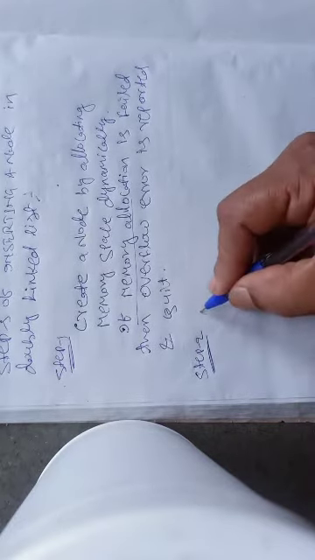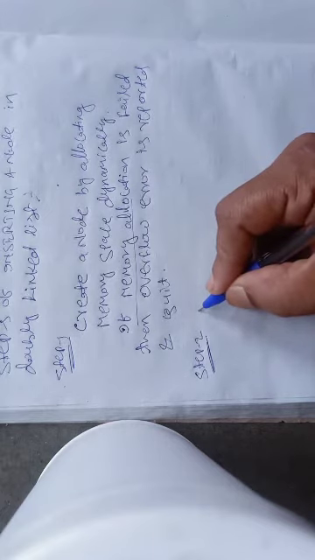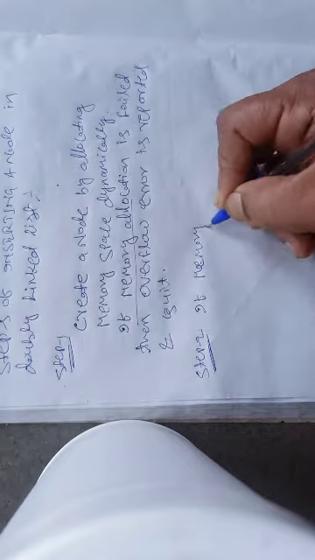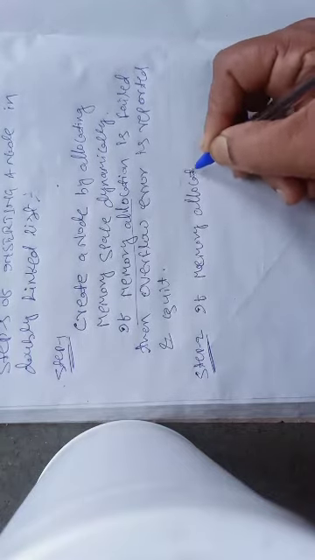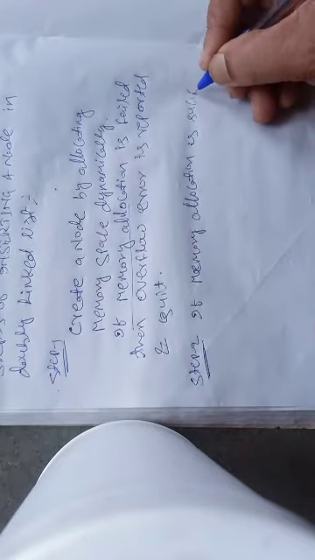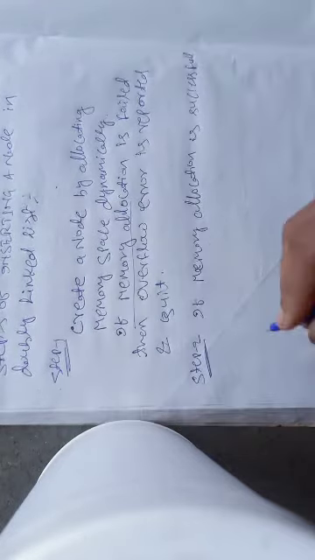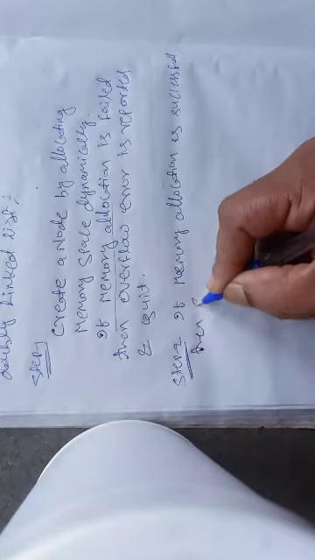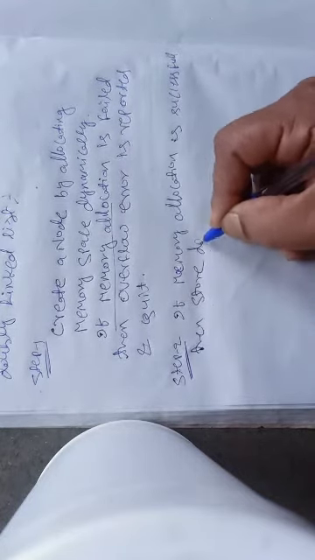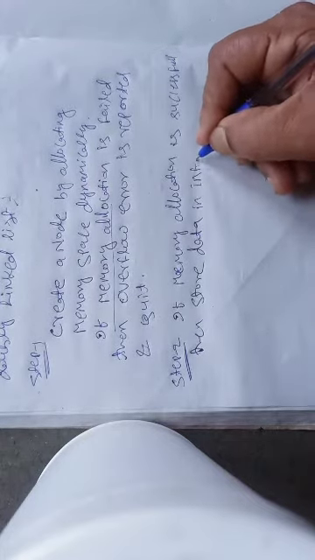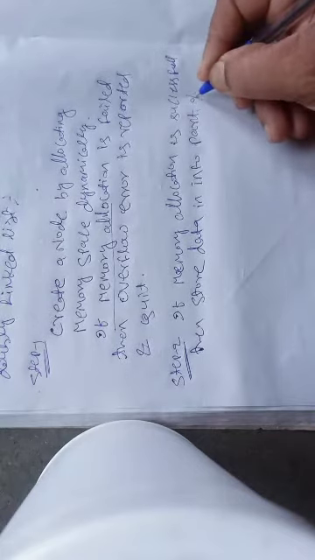In step 2, what you have to conduct: if memory allocation is successful, which means the node is created, then store data in the info part of the new node.